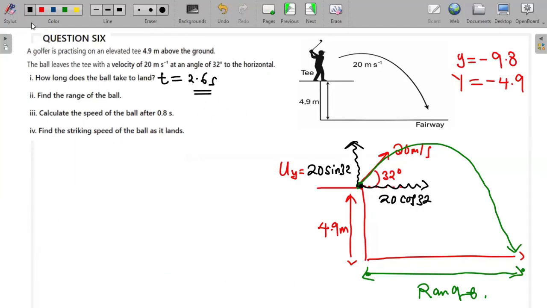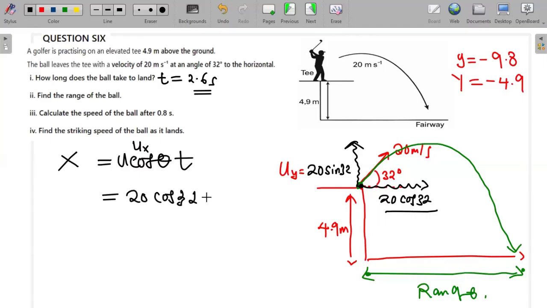So the formula for the general range is that x, which represents range, is just equal to u cos theta, which is simply saying ux, multiplied by time. So u cos theta is 20 cos 32, multiplied by the time for the whole flight, which is 2.6.